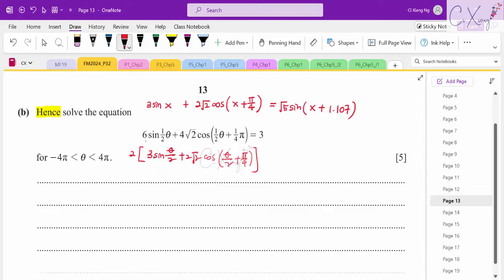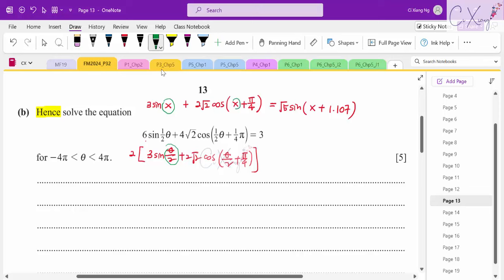You will see that the pattern is almost the same. The difference is that the x becomes θ/2 in this particular equation. So that means if I want to use this result in this solution, I have to change the x to θ/2.